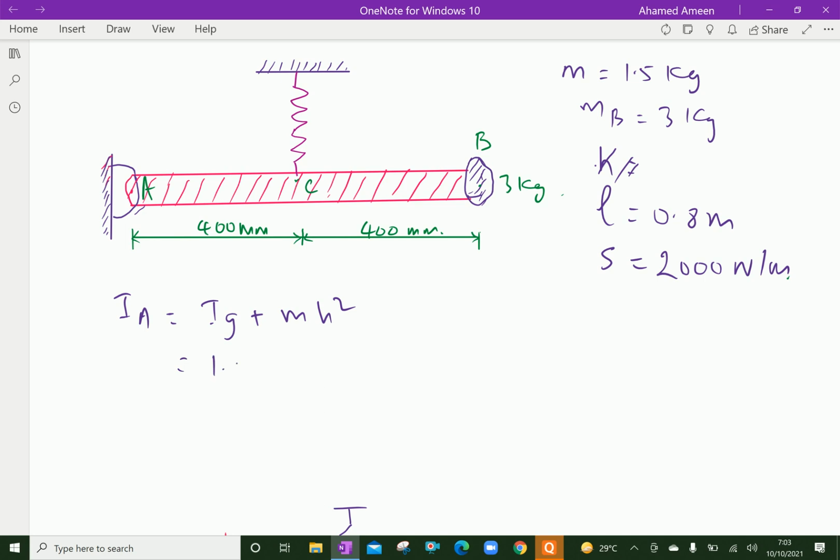Ig is mass 1.5 into 0.8 square, the total length squared, over 3, plus mass 3 kg at end point B into 0.8 square. So which gives 1.92 kg meter square.